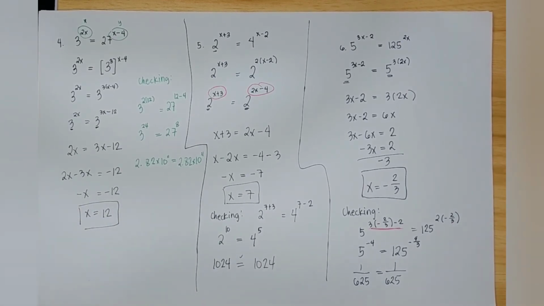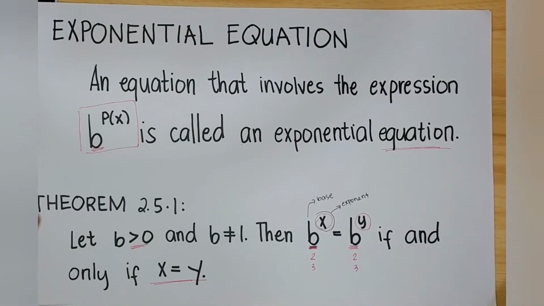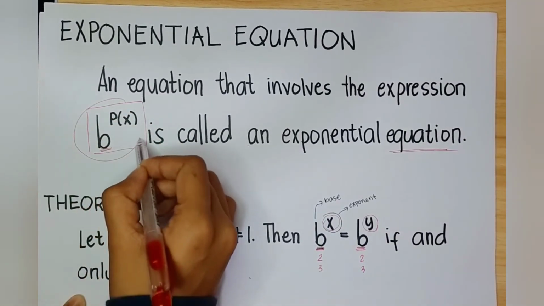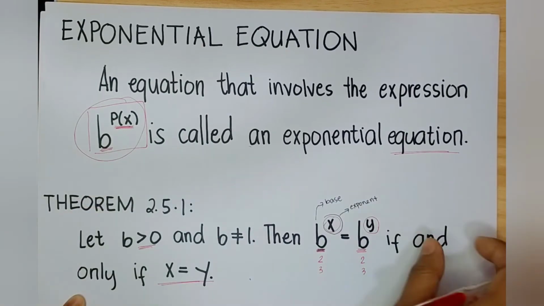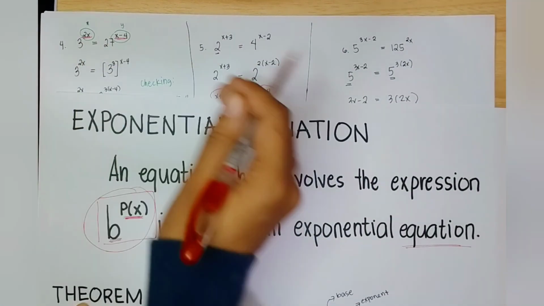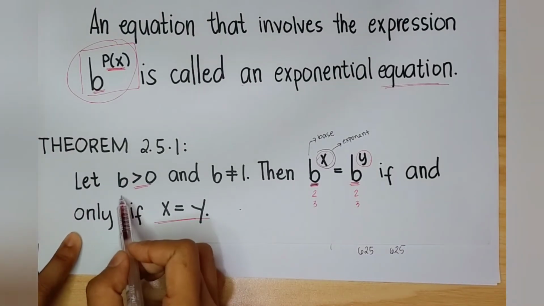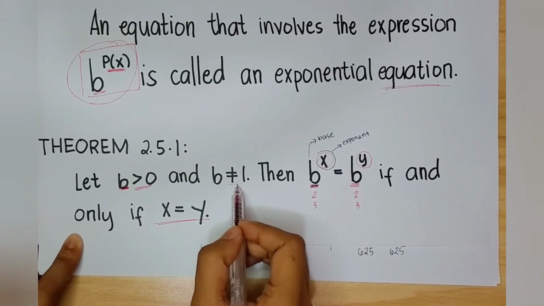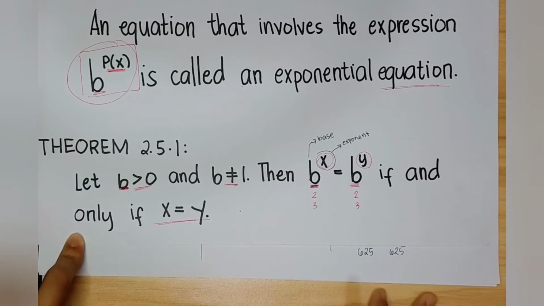Again, let's recall yung exponential equation natin. That is in the form or expression dapat b raised to the power of p of x. Yung p of x natin, ito yun. Then, based sa theorem, yung b natin is dapat greater than 0 and not equal to 1. So, dapat it can be 2, 3, 4, 5, and so on and so forth.